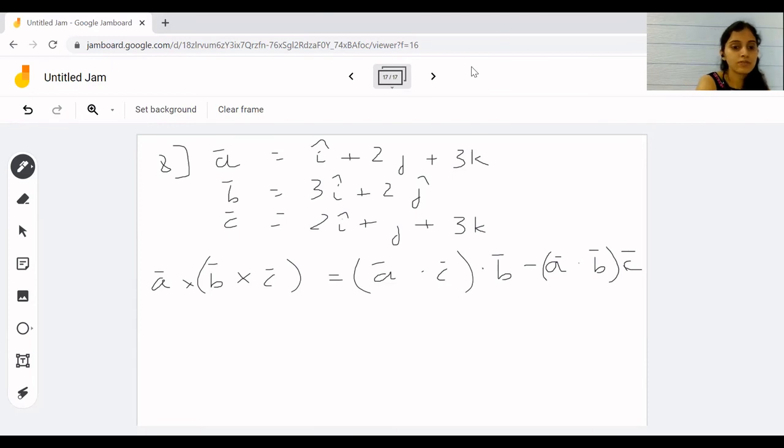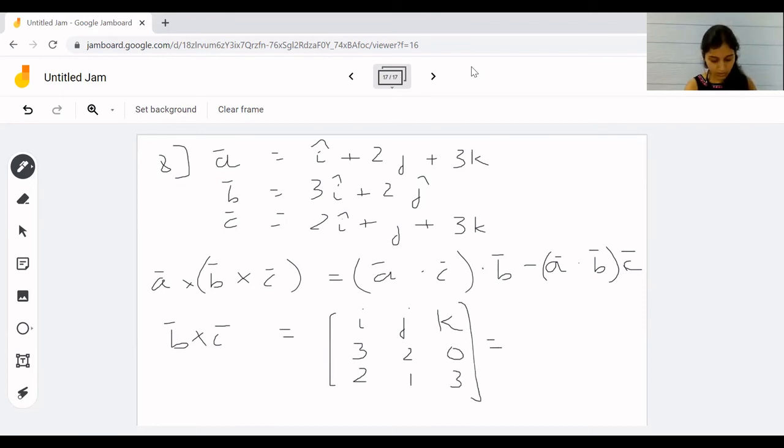So what we'll do is we'll find b bar cross c bar first, which will be i, j, k. What are the coefficients? The 3, 2, and 0, 2, 1, and 3. So what is the vector that we get after multiplying? 6i minus 9j minus k cap. Okay, this is the b bar cross c bar.